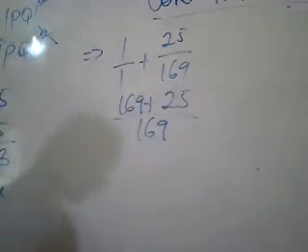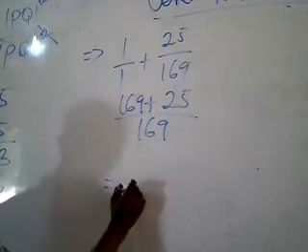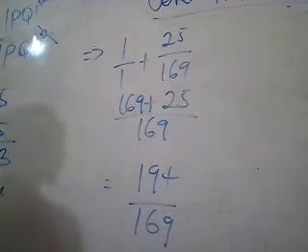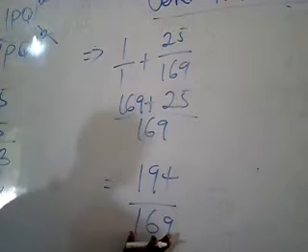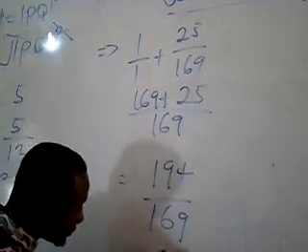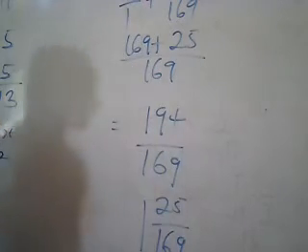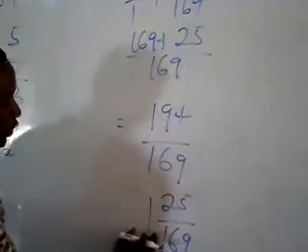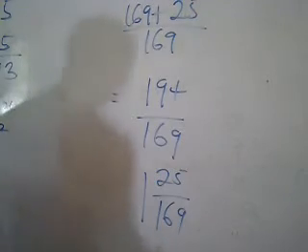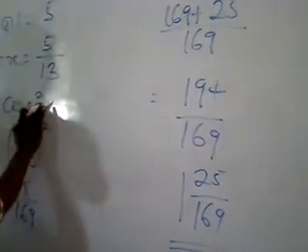So we have to add it. 169 plus 25 will give us 194 over 169. So this is our answer for the question given, which was 1 plus cos square x.